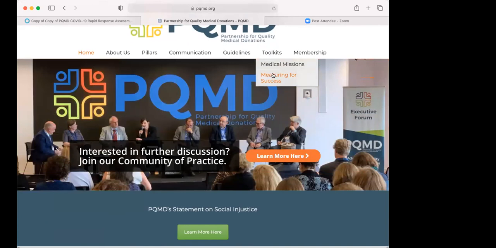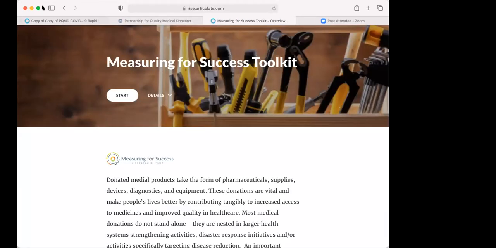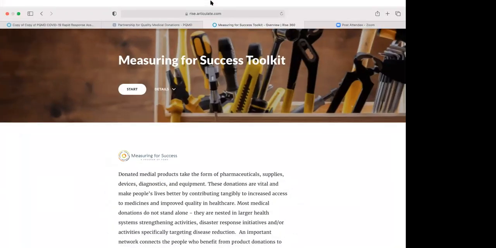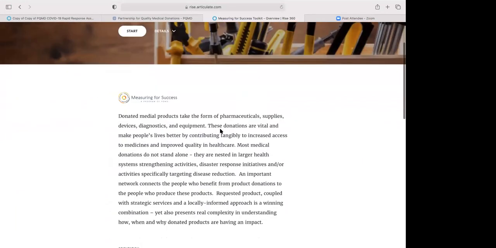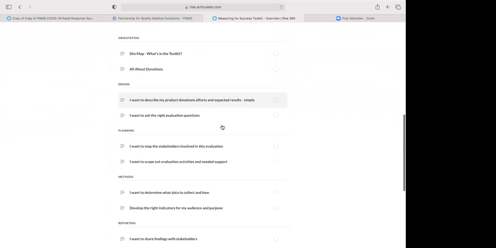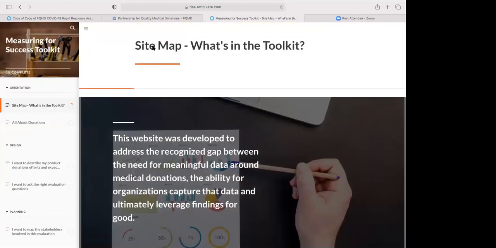If you go into that website, we'll open our toolkit. And I have the opportunity to go through a little bit of the high level sections of our toolkit. So you can see here that we talk about, I'm starting with this website map.